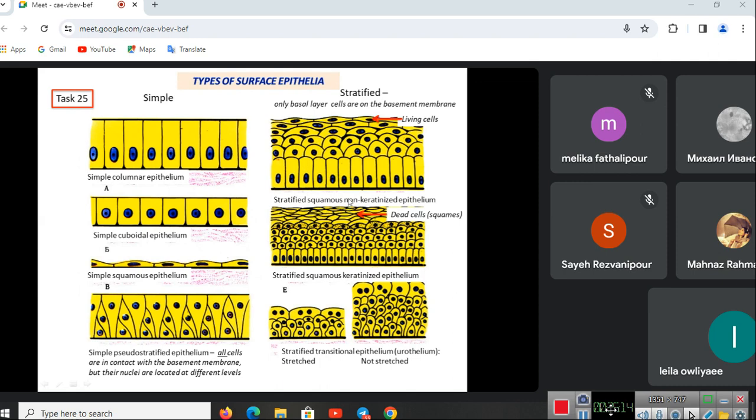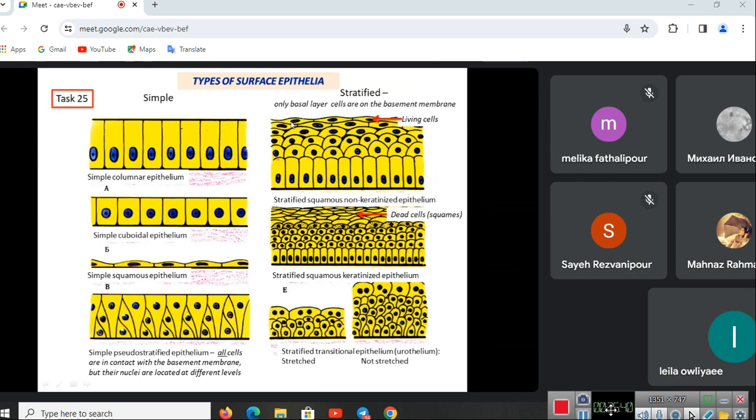Next word, squamous, means that the cells of the superficial layer, which are located at the top of this epithelium, are squamous, like in simple squamous epithelium. They are flattened. And then non-keratinized means that upon the surface we have living cells.